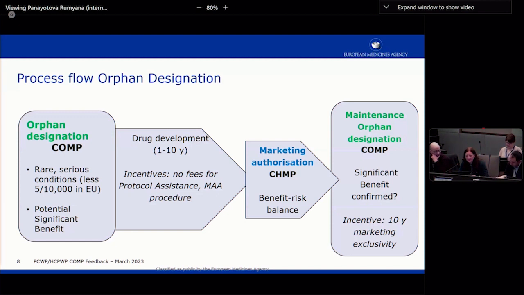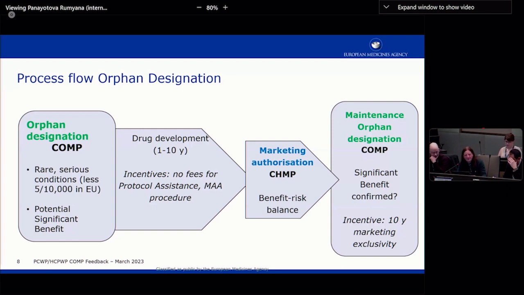So in the first instance, whether it's rare, and also in the initial orphan designation, the COMP looks whether there's a potential for significant benefit over what's already available for the treatment of that disease. And why is that done so early? That's because there are incentives for orphan designated products.